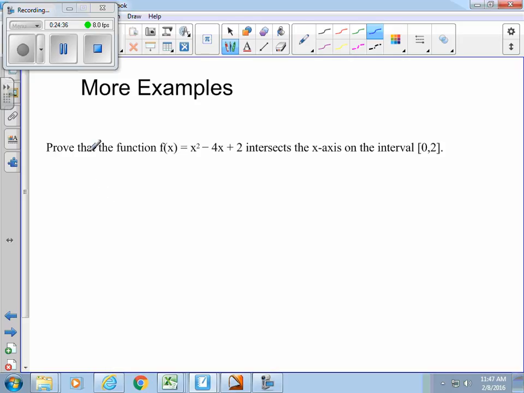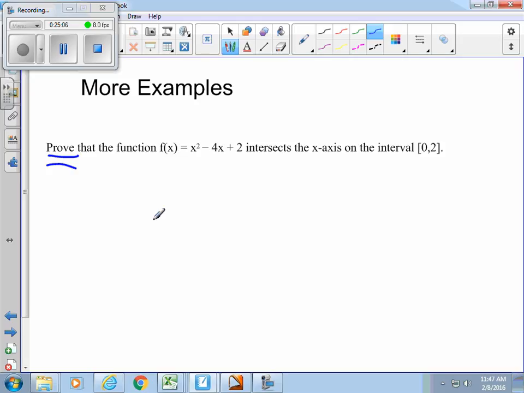Okay, so to prove, much like justify, that the function intersects the x-axis on the interval 0 to 2, what's the first thing I'm going to need to say? That it's continuous. Okay, why does it have to be continuous? Because it has to intercept the x-axis.